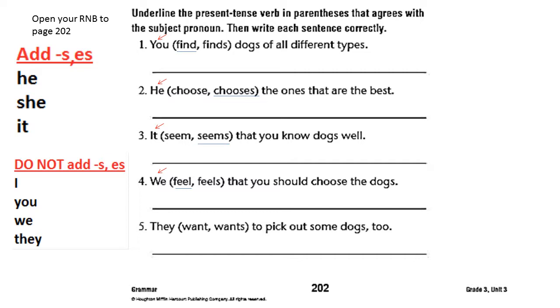And the last one was they, that's your subject pronoun, the one with the arrow. They want to pick out some dogs too. They, again, we're going to choose want. They want to pick out some dogs too. Great, well done, grade 3. Now do not forget to rewrite these sentences too, okay?